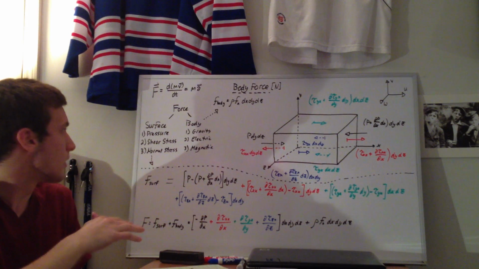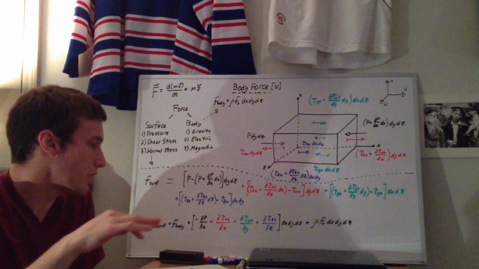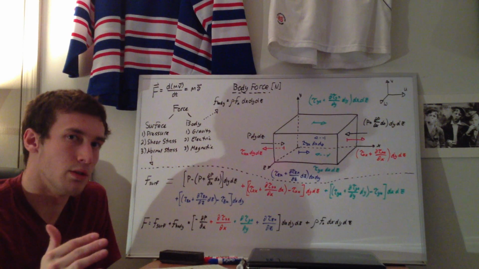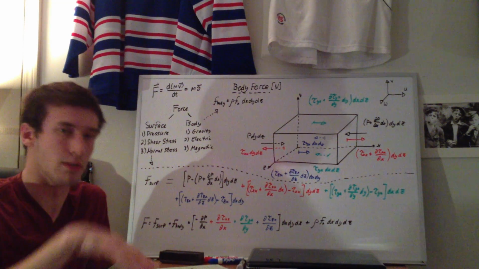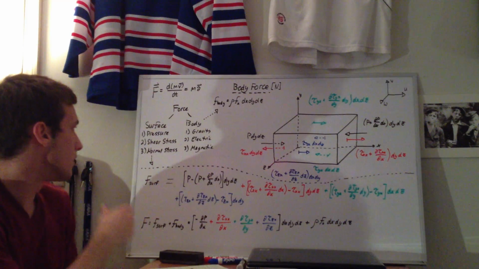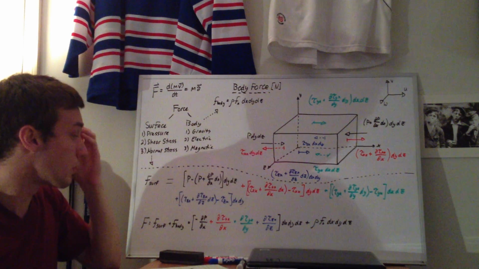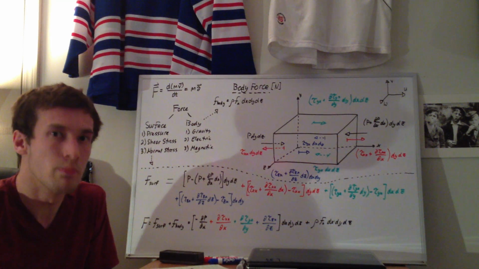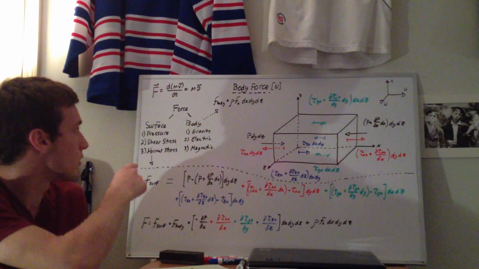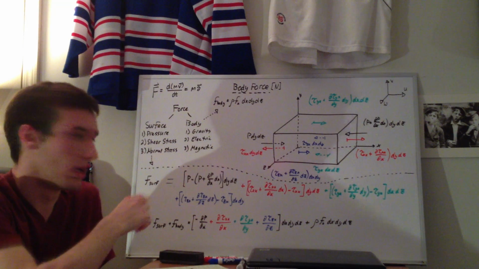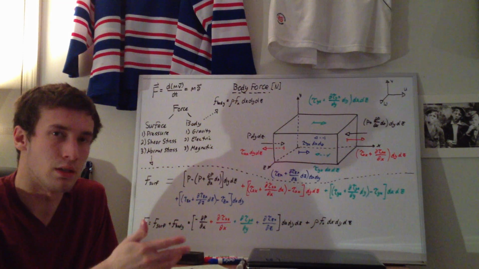The shear stress is really based on the time rate of change of the shearing deformation of a fluid element, and the normal stress kind of looks like pressure because it acts normal to a surface, but it's based on the time rate of change of volume. Both of these stresses depend on the velocity gradient.